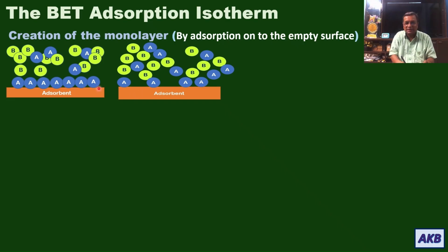After you have sufficient concentration on the surface, the reverse process also starts. What is that reverse process? Some of the adsorbed molecules start getting desorbed. So, you have two processes: adsorption on the surface and desorption from the surface.